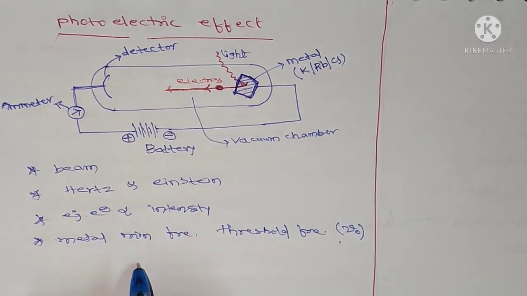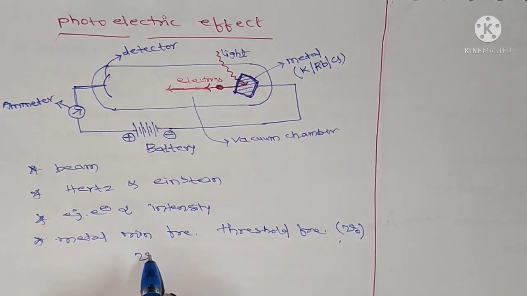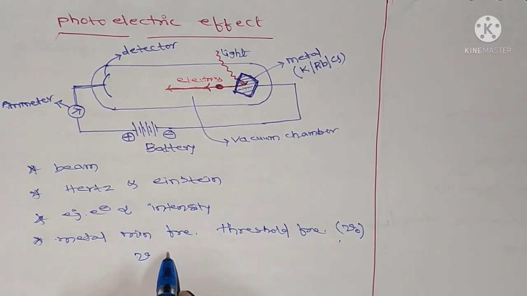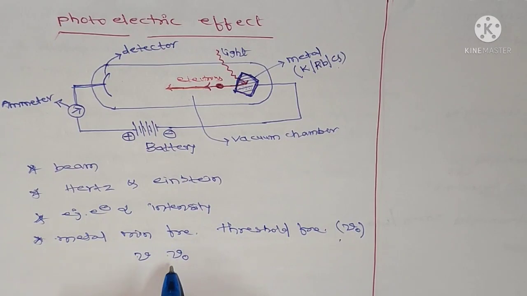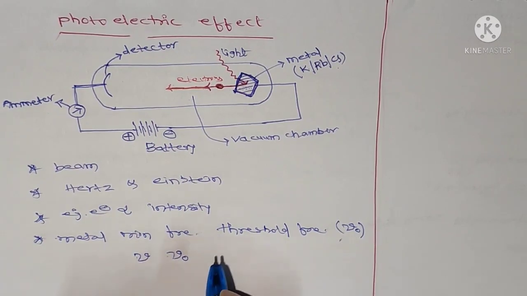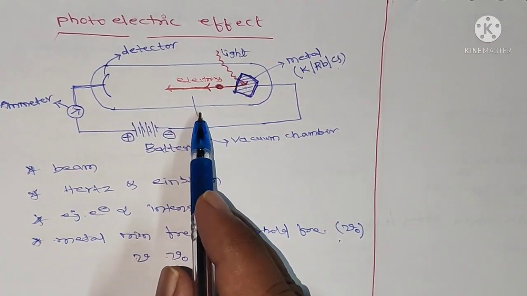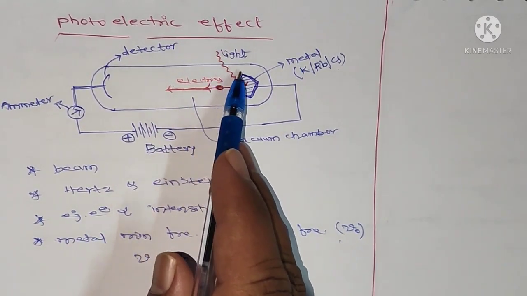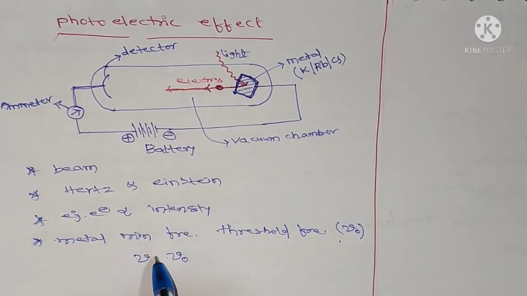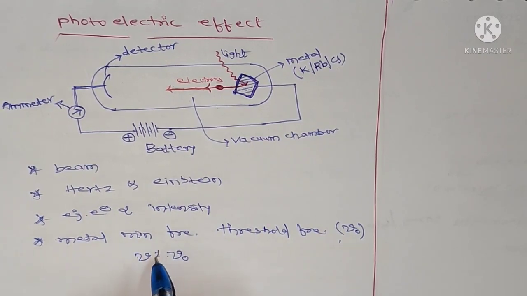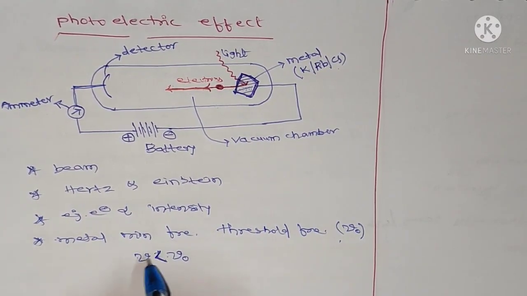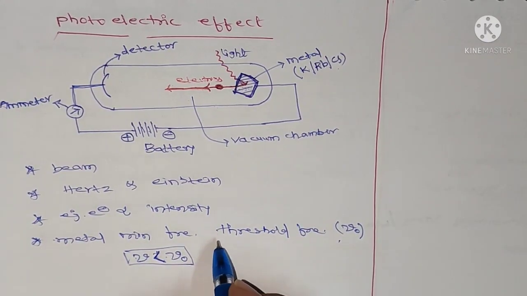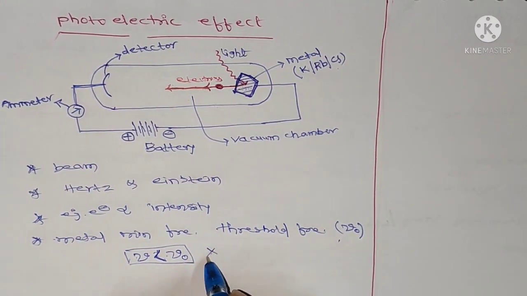The incident light frequency is represented by mu and the threshold frequency is represented by mu naught. So in this case, the photoelectric effect is not observed.